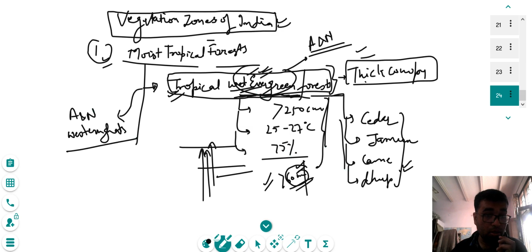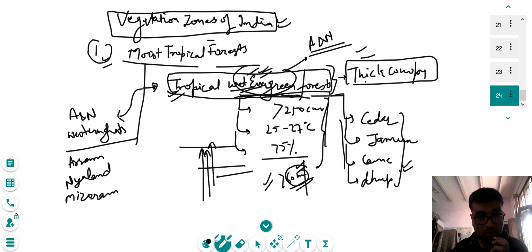in Assam, Nagaland, in Mizoram, Manipur.